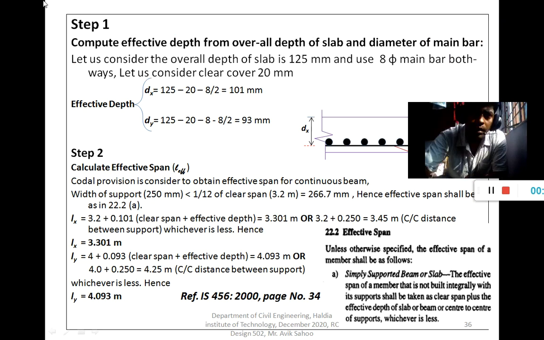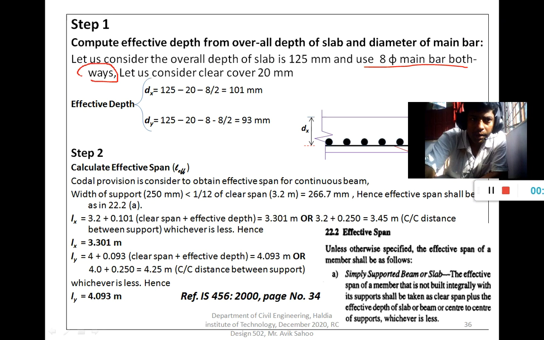Generally this depth depends on load and span, but the standard practice for residential building is that a depth of 125 mm is considered. Also use 8 phi main bar both ways.